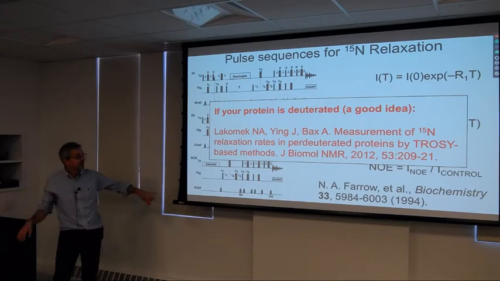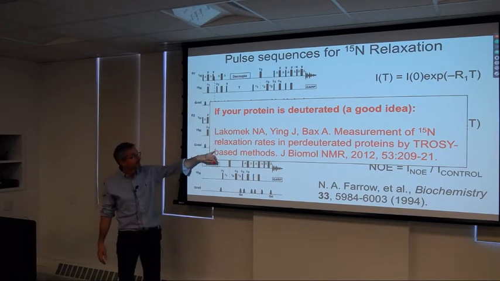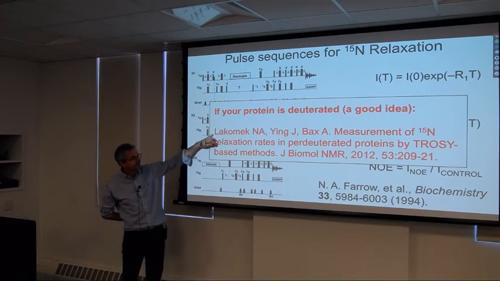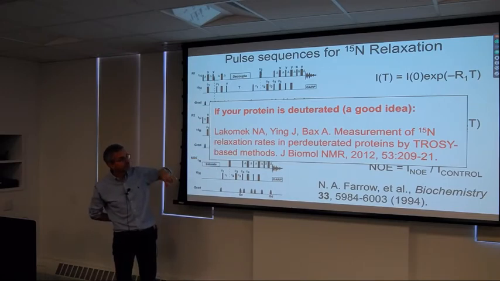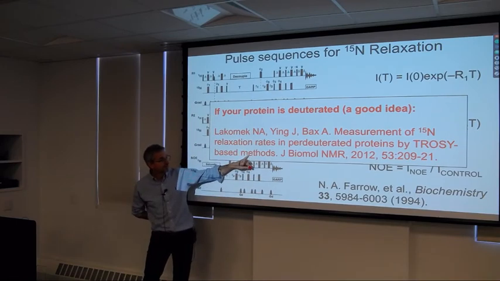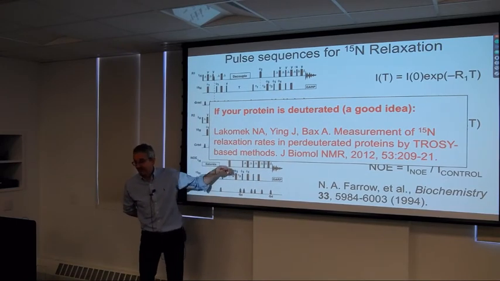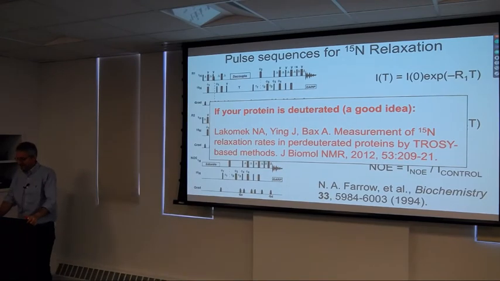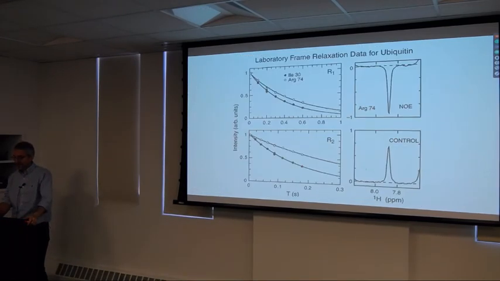But still, the quality of the spectra, the quality of the measurements go up if you can deuterate. And then there are nice pulse sequences from 2012 that basically adapt these pulse sequences for TROSY and assuming deuteration. So those are probably the most modern pulse sequences for these experiments.